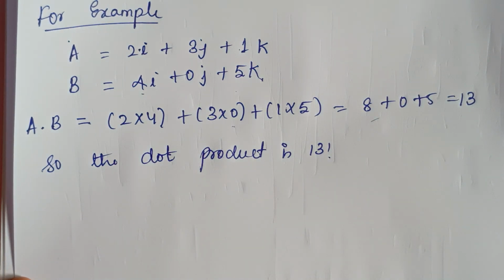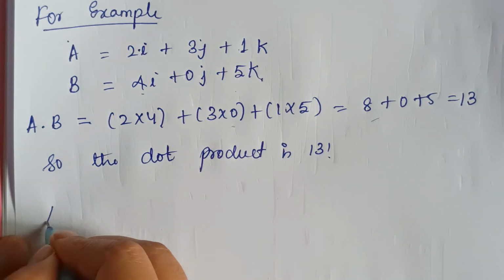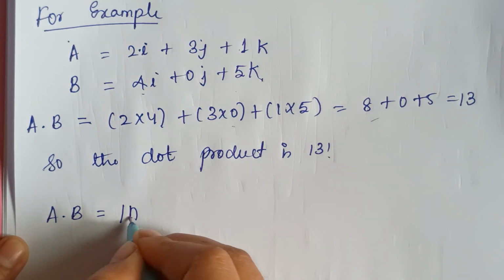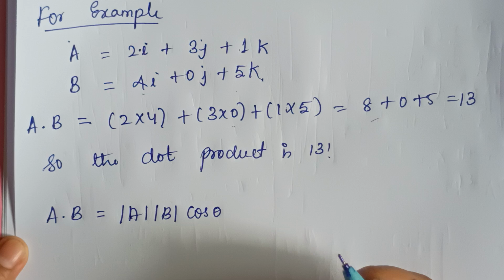Now there is one more way to understand the dot product, that is A dot B equals mod A mod B cos theta.